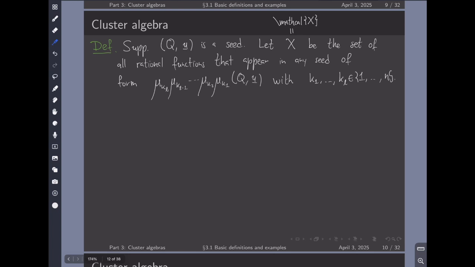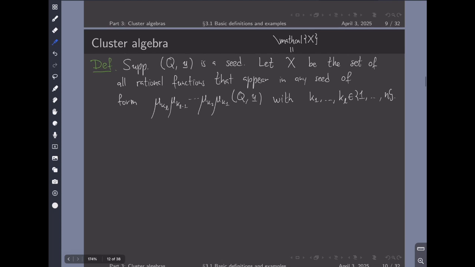Another property that I also skipped is we know that mu_k of mu_k of a matrix is the original matrix. The same is true for seeds. Mu_k of mu_k of a seed is the original seed. And I will say what this implies in a moment.